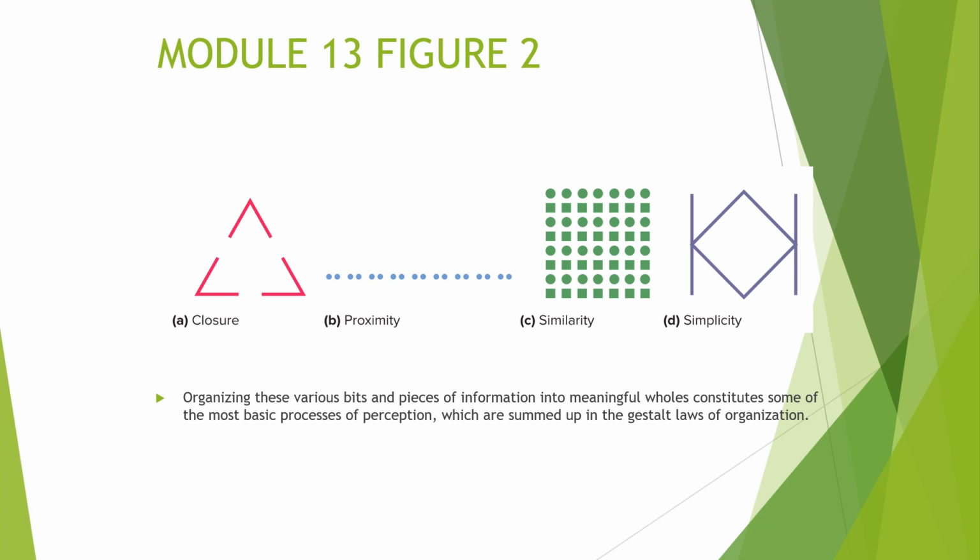I could easily break this up into, here is one line, here's another line, then we have 4 lines, and then another line and another line. I could count it as 1, 2, 3, 4, 5, 6, 7, 8. I'm less likely to say I see 8 lines. My brain automatically sees it in the simplest way possible. I see a diamond, and it's anchored by 2 lines. So those are your 4 Gestalt principles: closure, proximity, similarity, and simplicity.